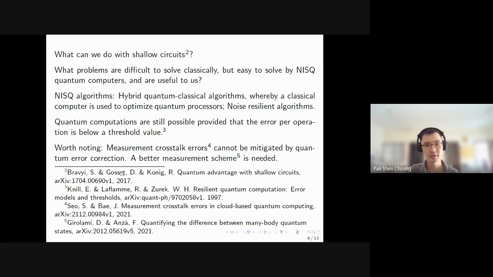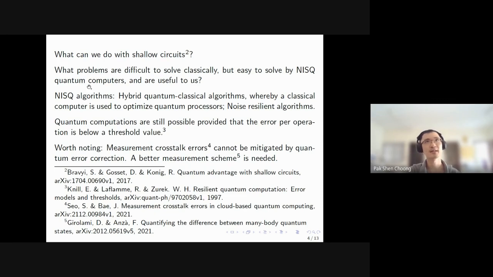In 2017, I think Bravyi, Gosset and König basically showed some quantum advantage even using shallow circuits. There are a few follow-up papers, but I didn't cite them here. But this is the first paper.